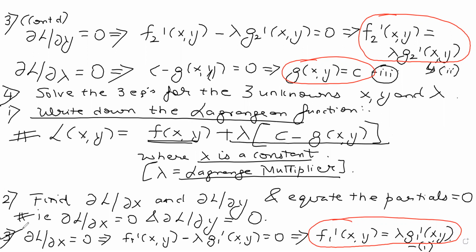Step number 3, what equations do you get? Del L by del X equal to 0 gives you this equation. Del L by del Y equal to 0 gives you this equation. Del L by del lambda equal to 0 gives you back the constraint itself. You have three equations and three unknowns, x, y, and lambda. I expect students by now to understand how to solve three equations in three unknowns. Very simple.